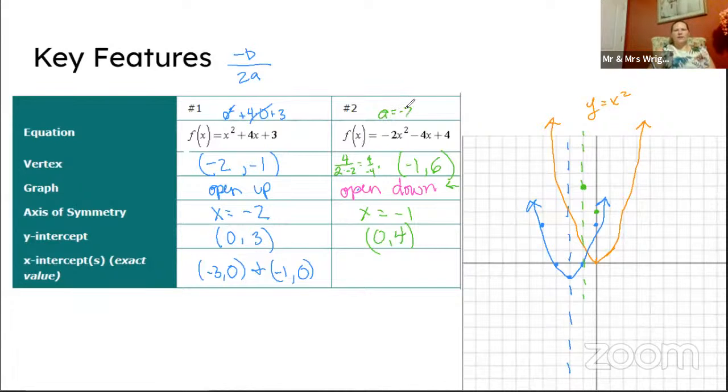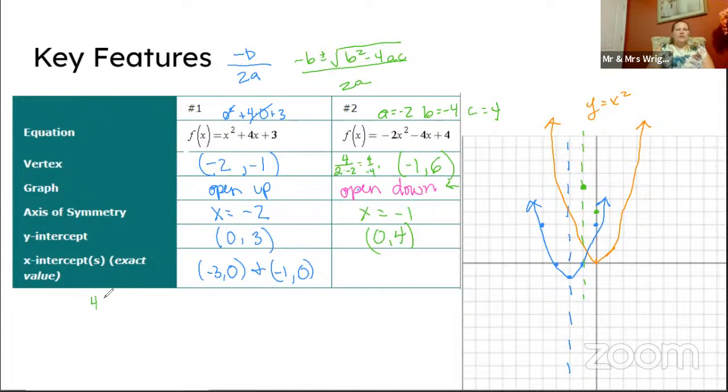So A equals negative 2, B equals negative 4, and C equals 4. Remember, our quadratic equation is negative B plus or minus the square root of B squared minus 4AC all over 2A. All right, so let's plug these in. Let's start with negative B. So the opposite of B is negative 4.